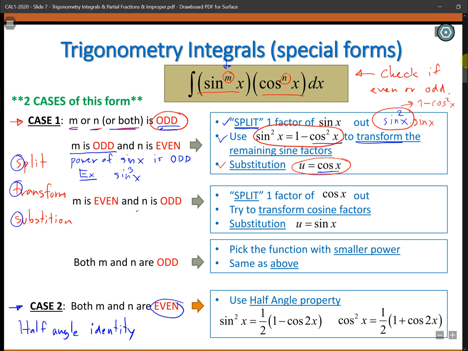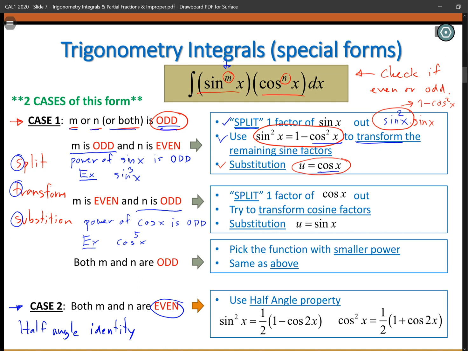So when the odd term is n, it means that the power of cosine is odd. For example, when cosine has a power of 5, something like this. The first thing we are going to do is the same as above.